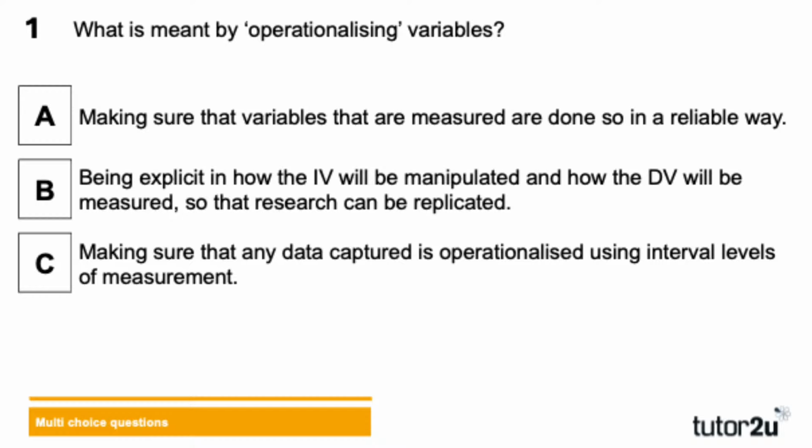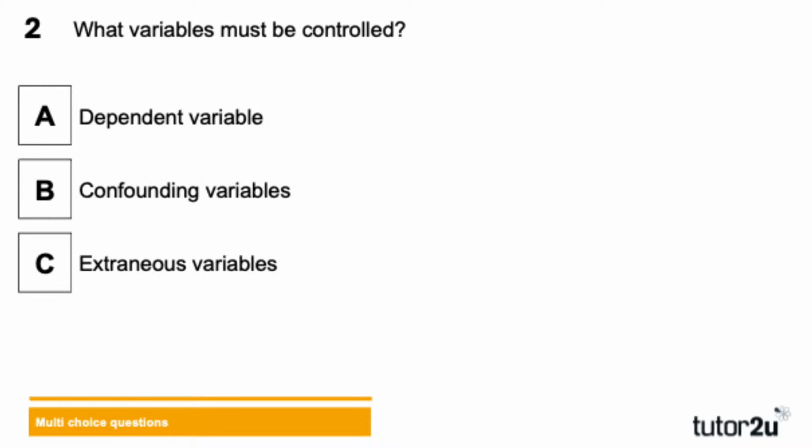Brooke, well done, I think you were first to get in. So we've got some B's there in the chat box. You are correct. It is about being explicit in how the IV is going to be manipulated and how the DV will be measured, so that the research can be replicated by other researchers. Really important. All right, let's look at question 2.